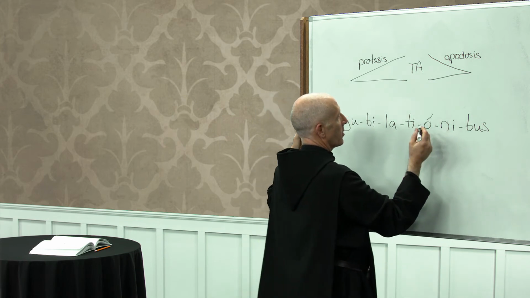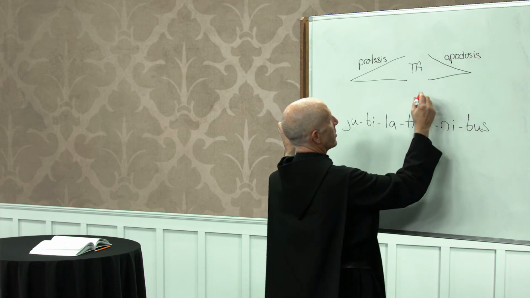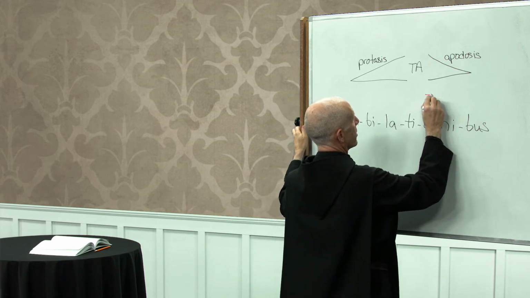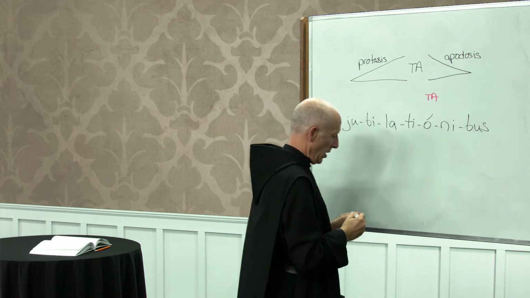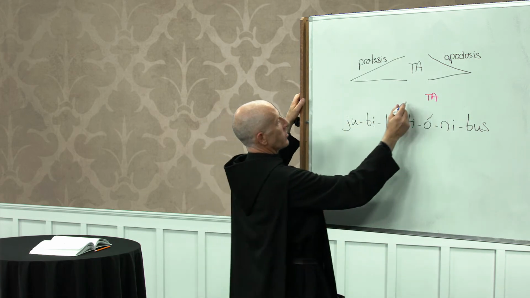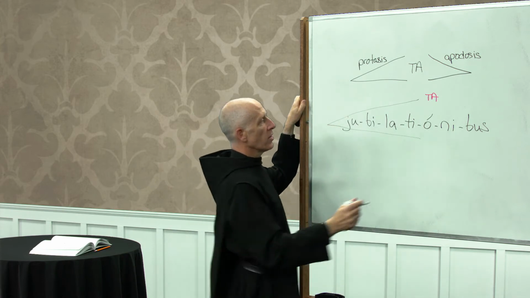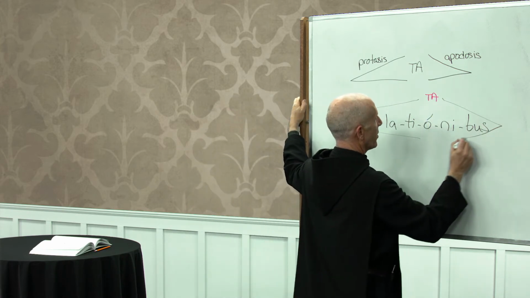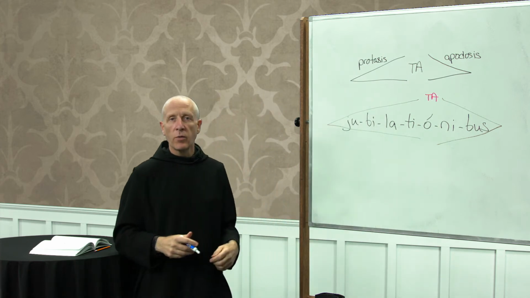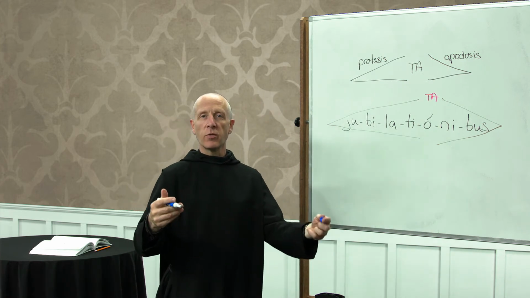There we mark the tonic accent in red. And leading up to that, you have a phase of increase, and after that, a phase of decrease. Jubilationibus.